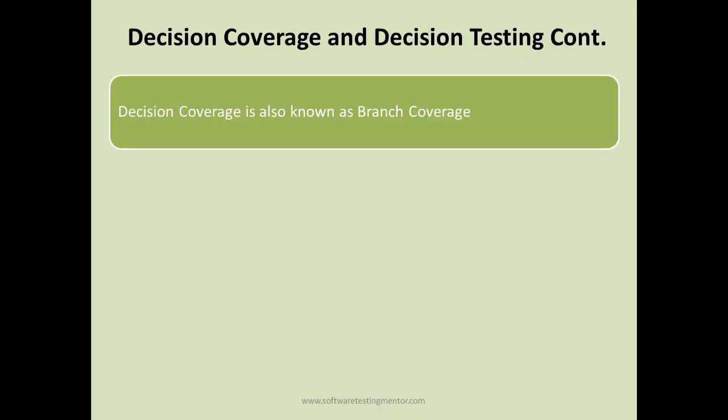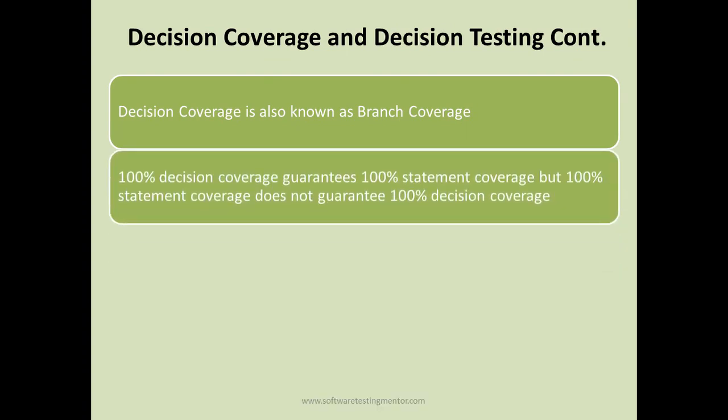Decision coverage is also known as branch coverage. 100% decision coverage guarantees 100% statement coverage, but 100% statement coverage does not guarantee 100% decision coverage. It is not true vice versa.